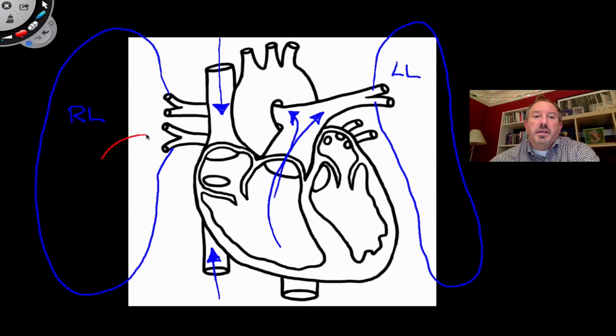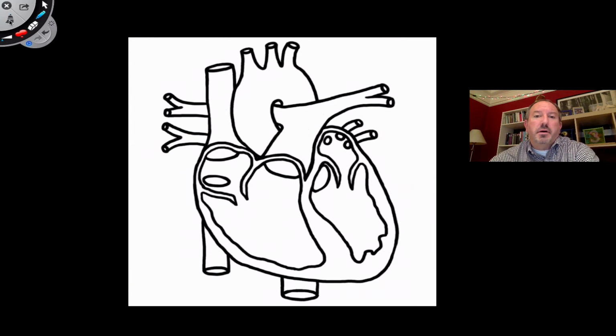It's going to be traveling in this vessel right here toward the heart, and so that is a vein, and so it's coming toward the heart, and so these are veins, and they're going to arrive here. Okay, and so then the blood is going to be pumped out of the heart over here, again in the form of an artery going away from the heart. So toward the heart and away from the heart.